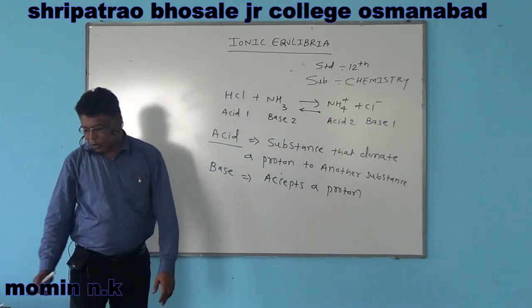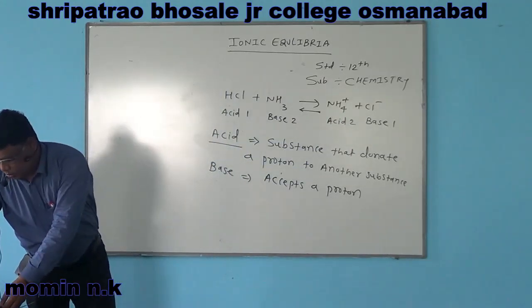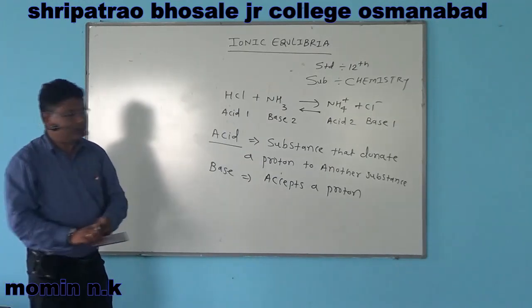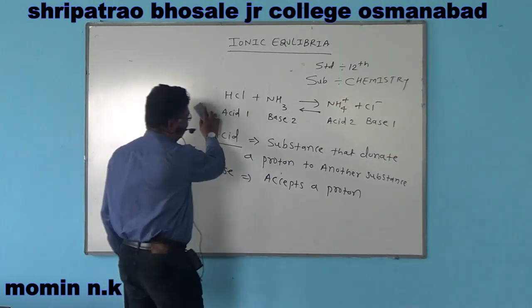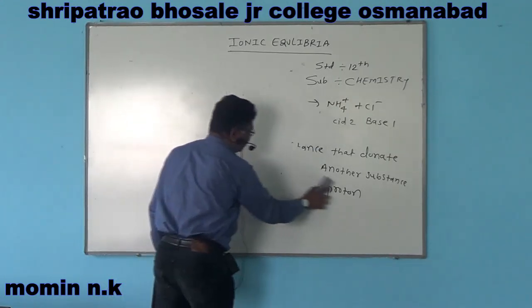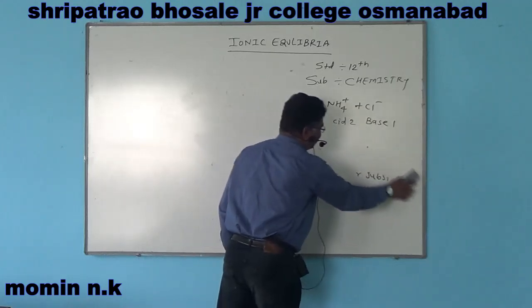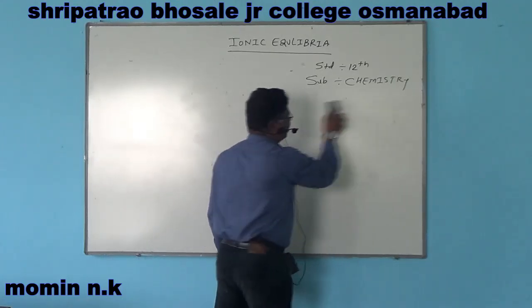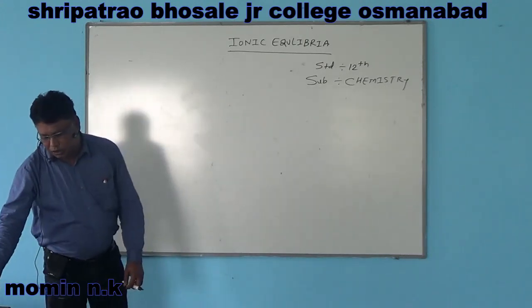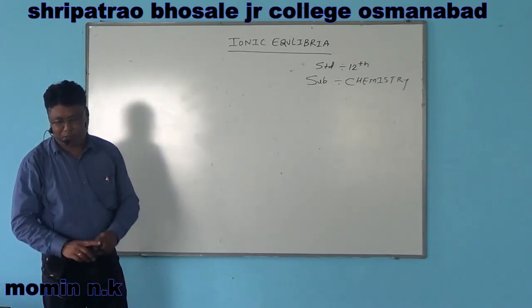Next point we want to know is the conjugate acid base pair. After completing the definition of acid and base given by the scientists Lowry and Bronsted, we want to know what is called conjugate acid base pair.